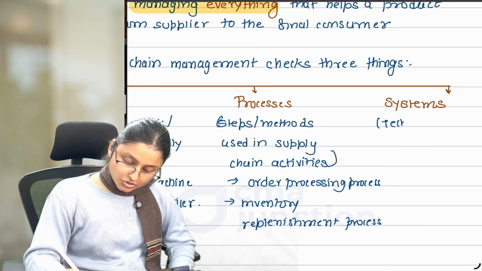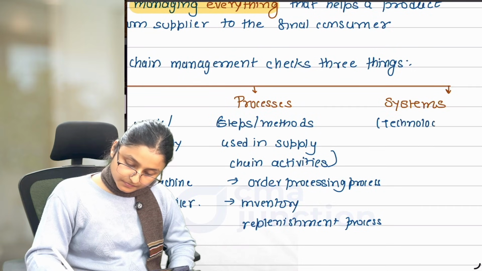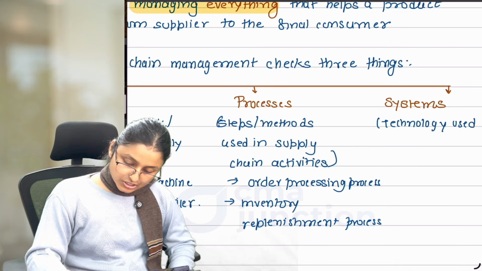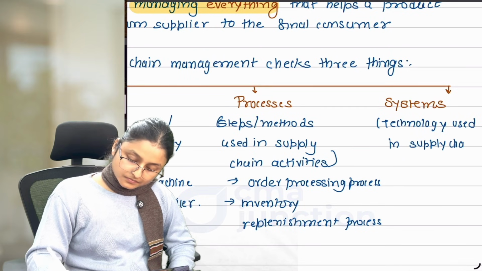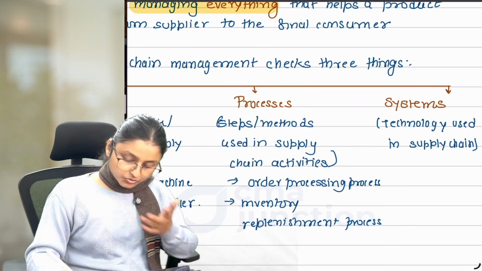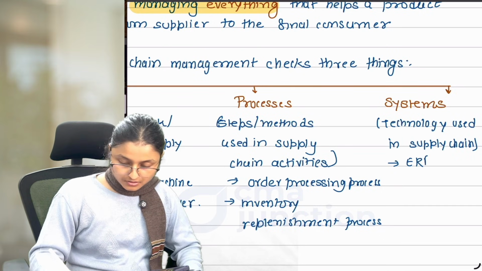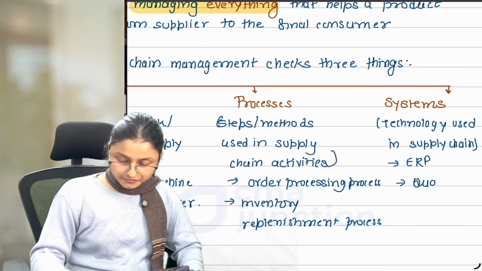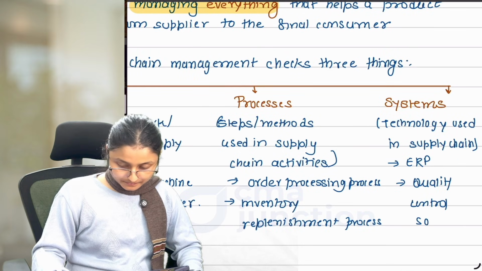Systems are the technology used in supply chain. We use systems like ERP or quality control software, right?